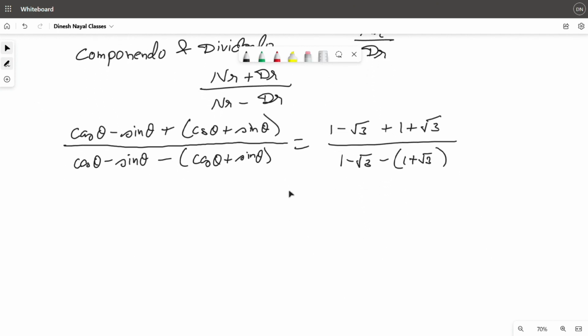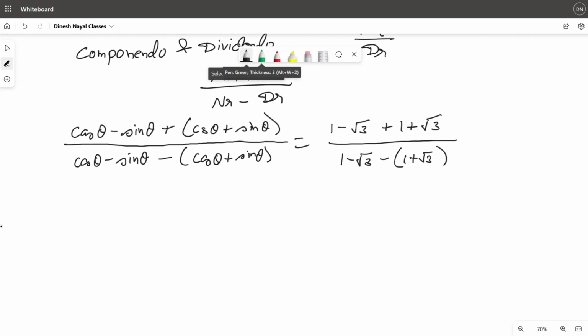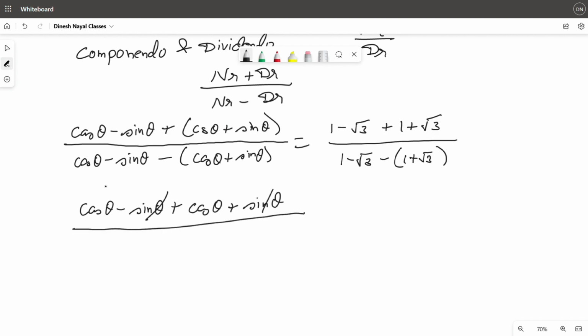Now solve them. Opening the bracket first, this is cos theta minus sin theta plus cos theta plus sin theta. Sin theta and sin theta will get cancelled, opposite signs, upon cos theta minus sin theta minus cos theta minus sin theta.